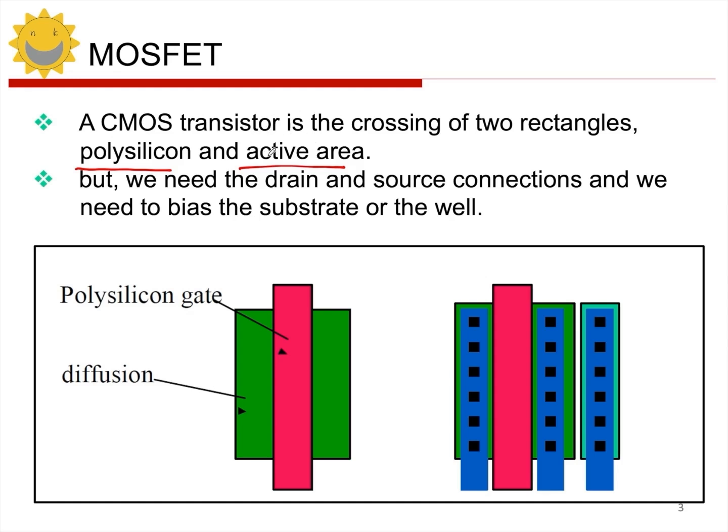Then we draw another rectangle with polysilicon to overlap the active so that the core area of the device is formed. For example, in the picture below, the green part is mainly the active. Of course, the active must be covered with diffusion, with doping. In this case, its source and drain area is defined. When we overlap a polysilicon gate, the basic structure of the device is already formed.